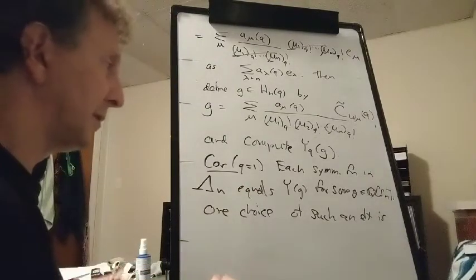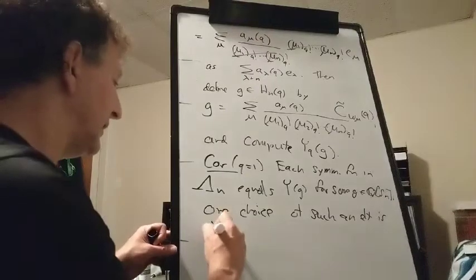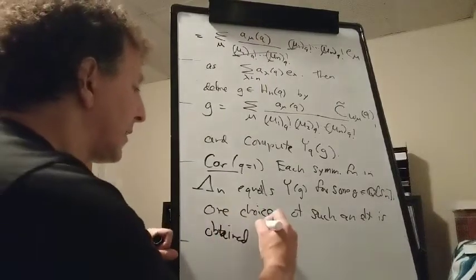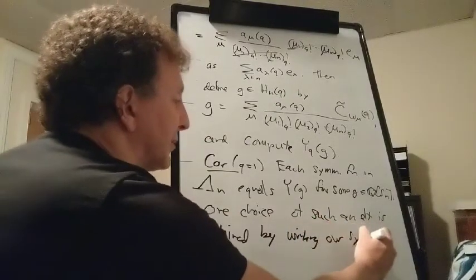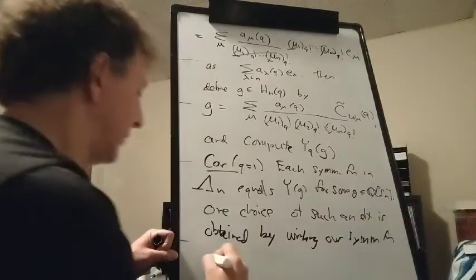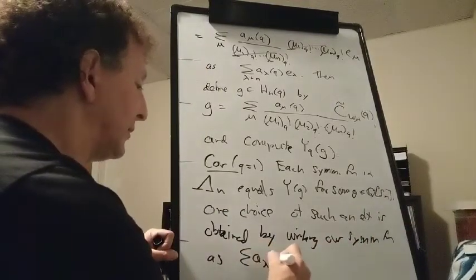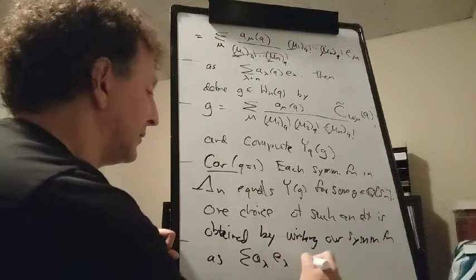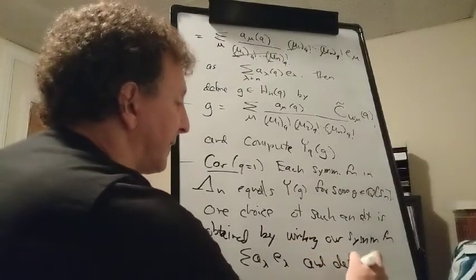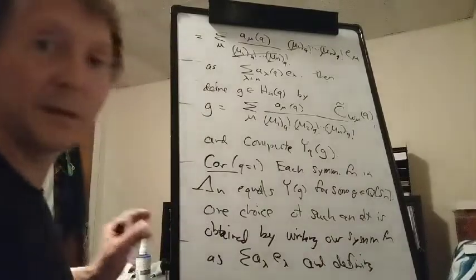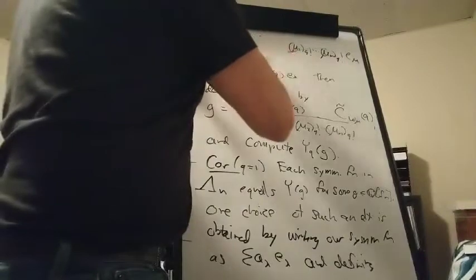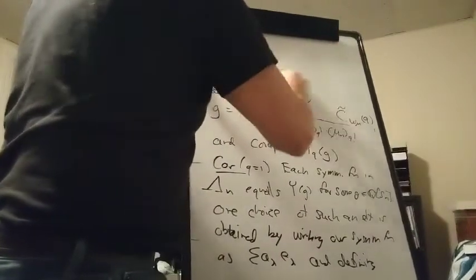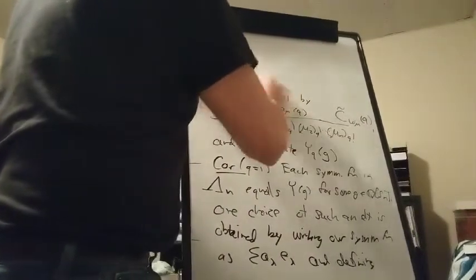So one choice of such an element is obtained by writing our symmetric function as the sum of a_lambda e_lambda, and defining G basically like this.